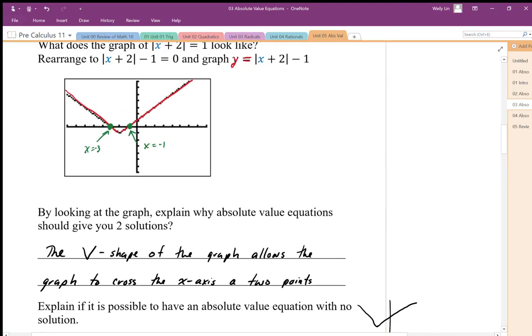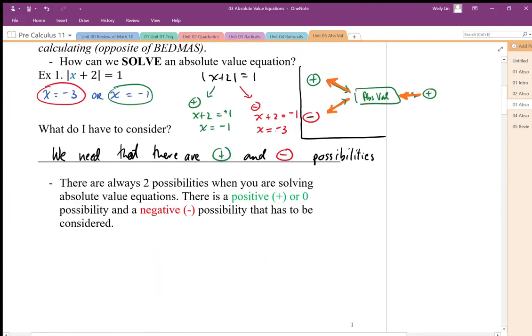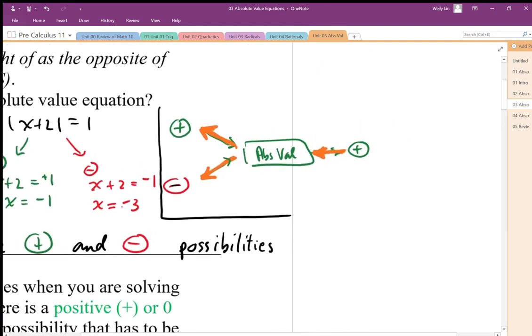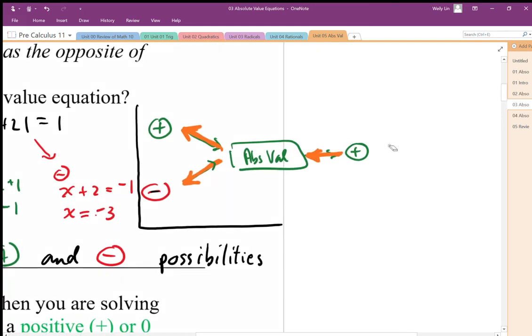Well, if we think back to how we undo or solve absolute value, it looked like this, and we got our two possibilities this way. But what if that's negative? Will it even go through absolute value? Or maybe the other question is, is it possible to output a negative when we do absolute value? Well, the answer is no.